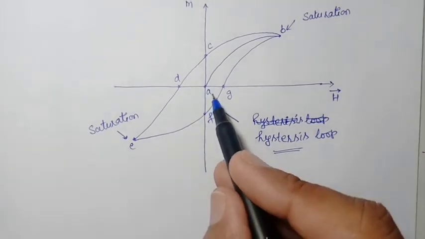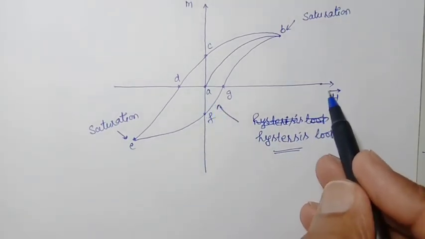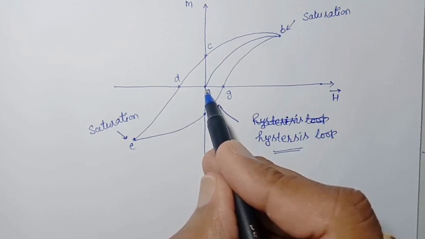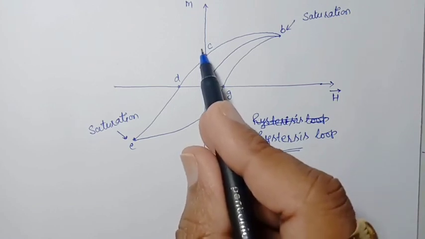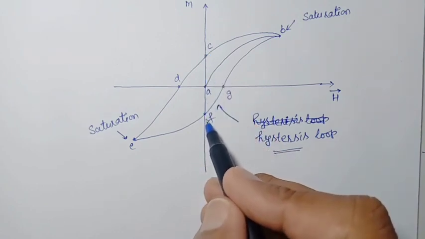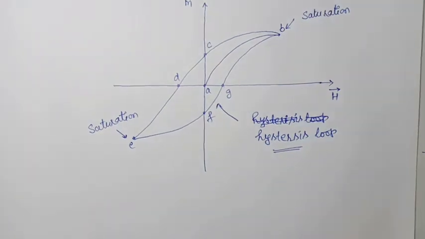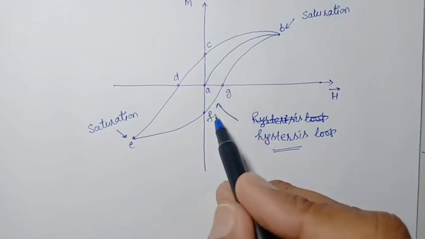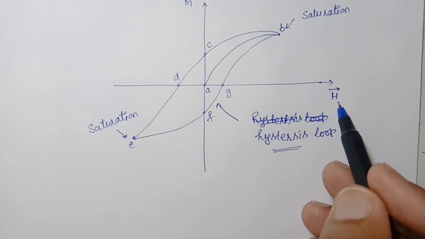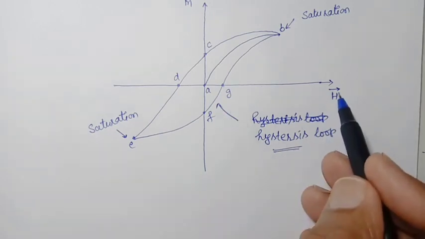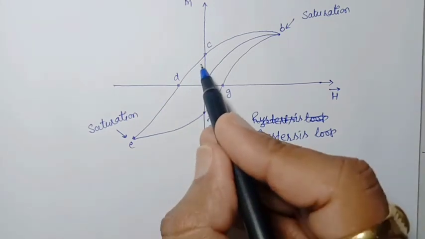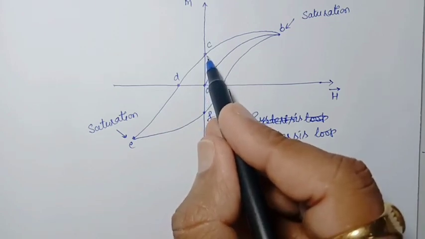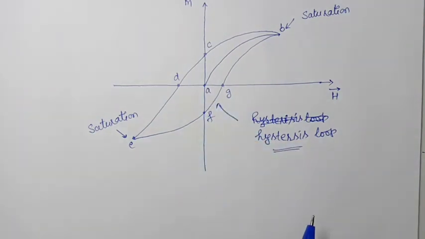The next point is that even when the auxiliary field is equal to 0, at point A the magnetization is equal to 0, at point C the magnetization is in the positive direction, and at point F the magnetization is negative. It means the magnetization has different values at zero auxiliary field. That is, at A we have a 0 value, at C a positive value, and at F a negative value.